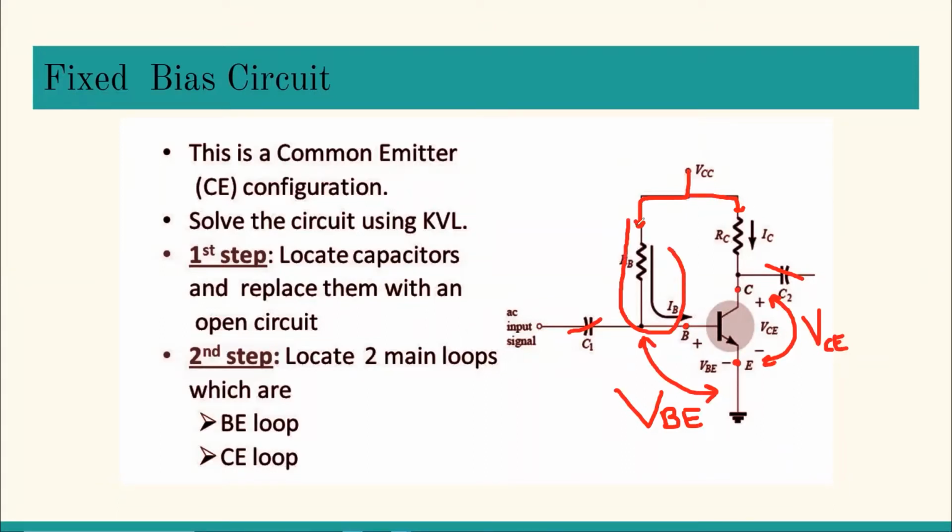That is why it is written BE loop, CE loop. Base to emitter is one loop, collector to emitter is the other loop. Okay, let us start with the equations. I will clear all my drawings first, and let us start.